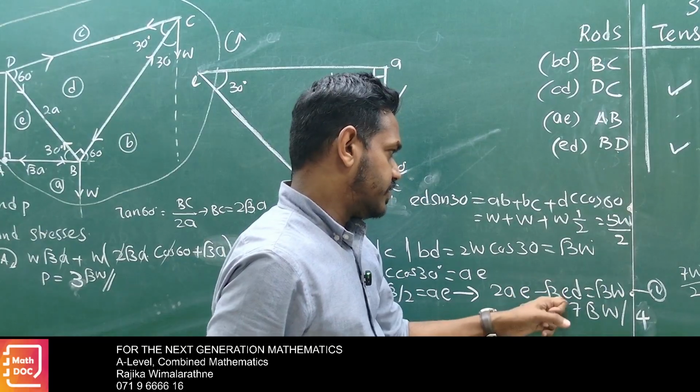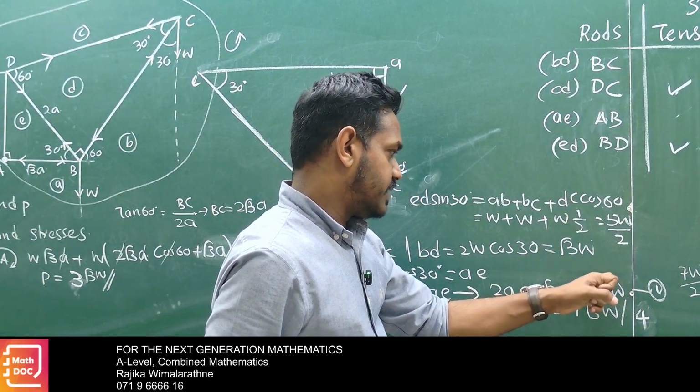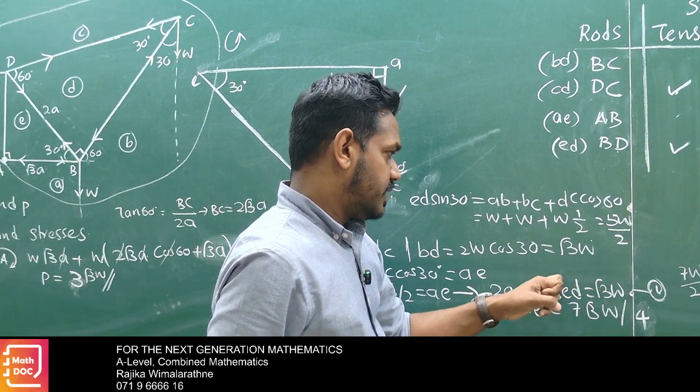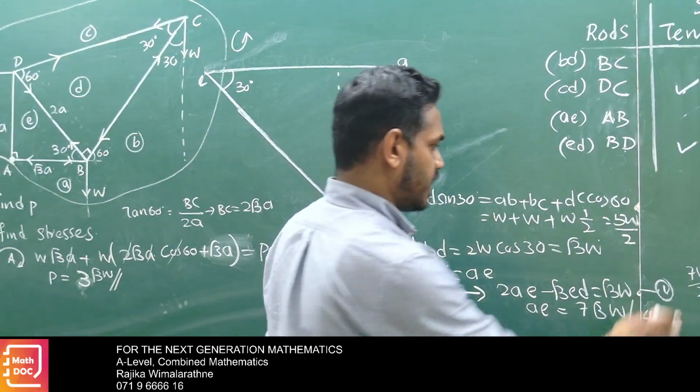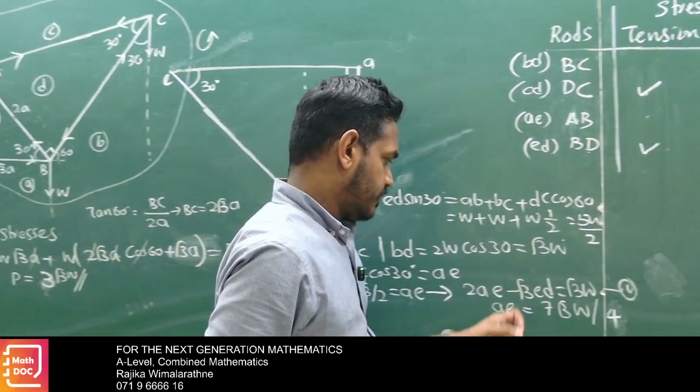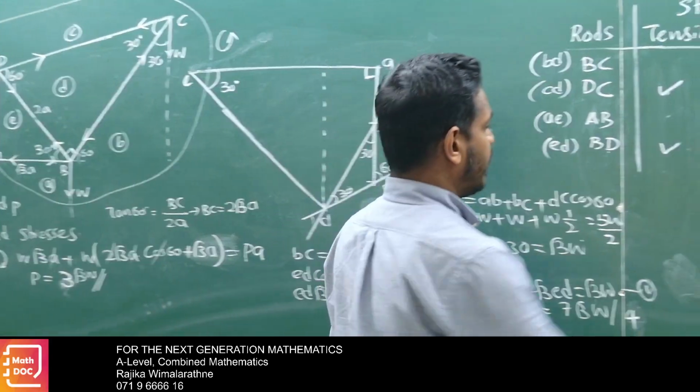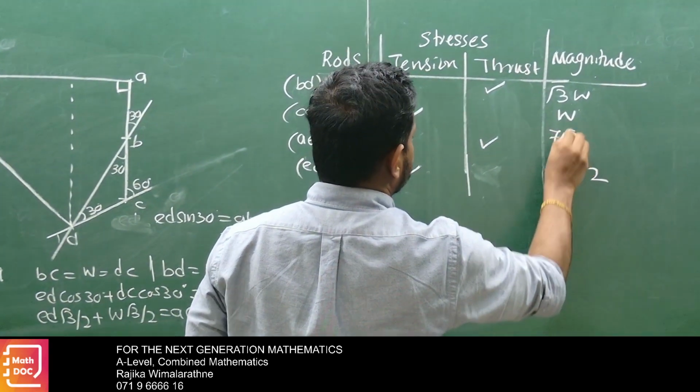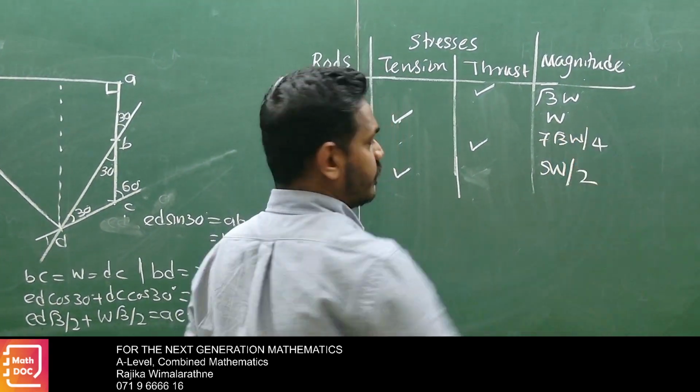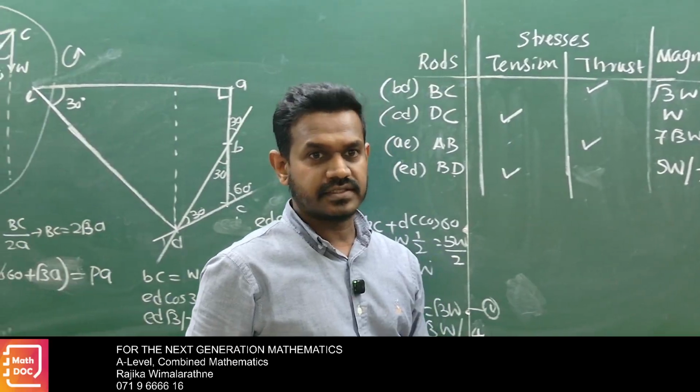Here 5W over 2. With this one 7W over 2. 7 root 3 W over 2, or 4. Then AE is 7 root 3 W over 4. Check your answers.